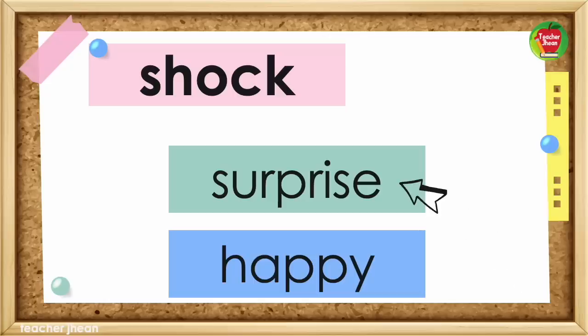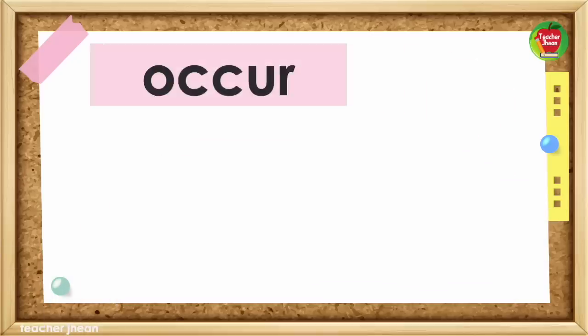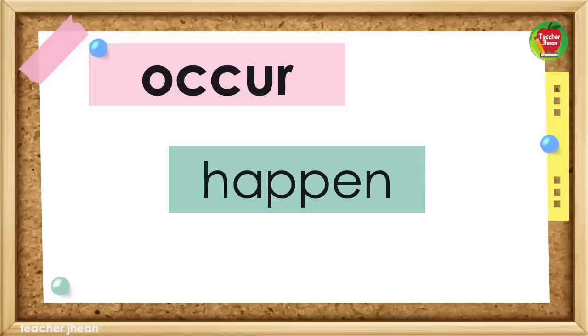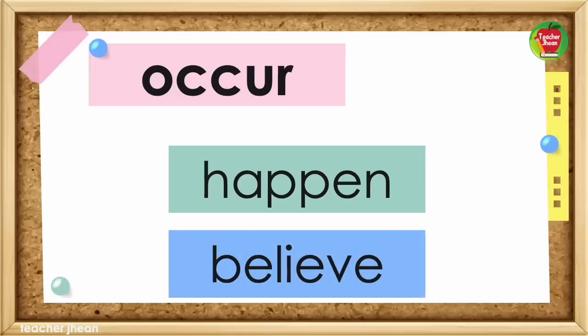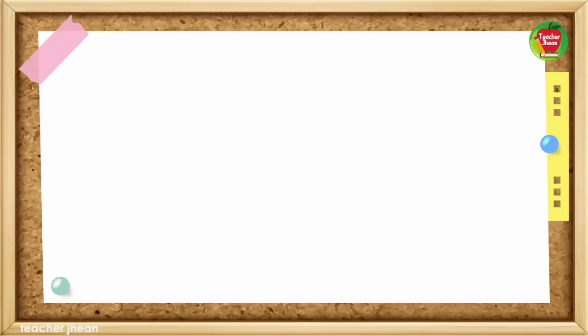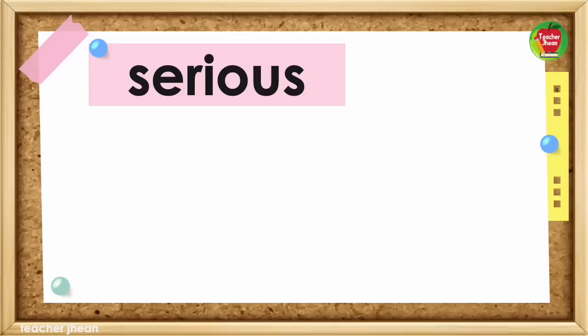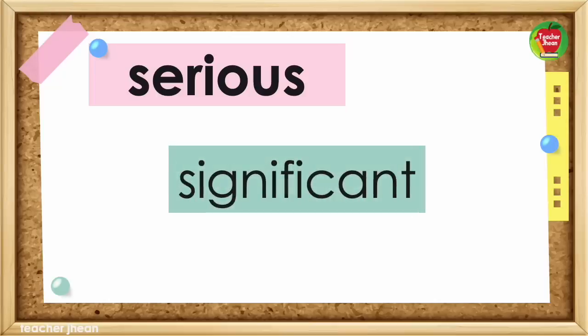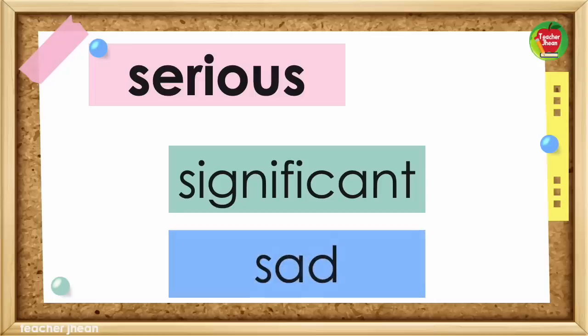surprise. Number 3, occur. What's the synonym for occur? Is it happen or believe? The correct answer is happen. Number 4, serious. Is the synonym for serious significant or sad?